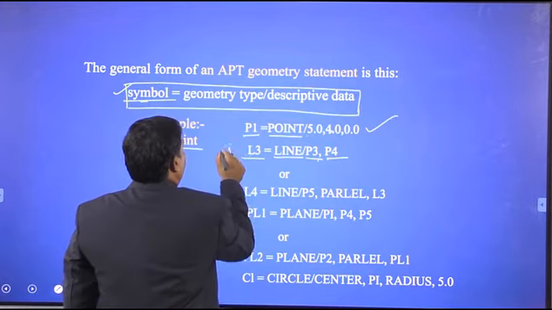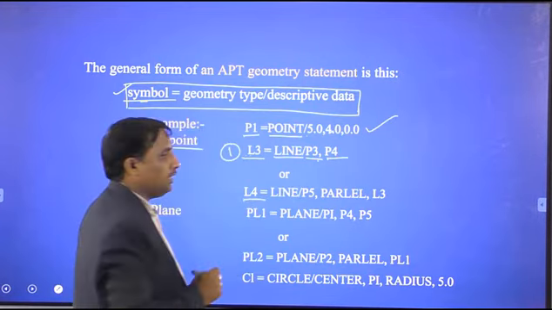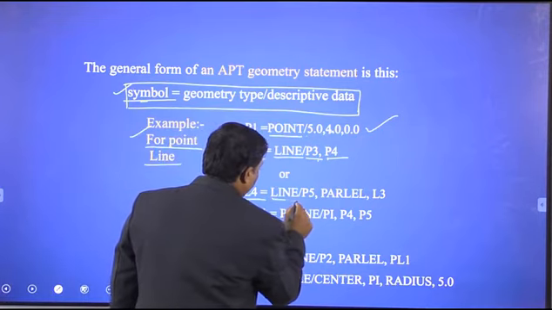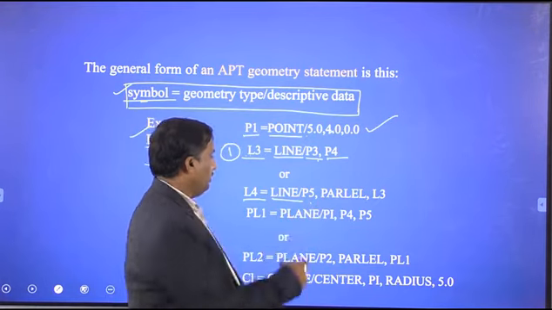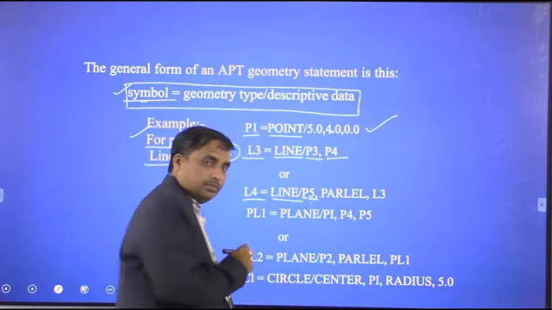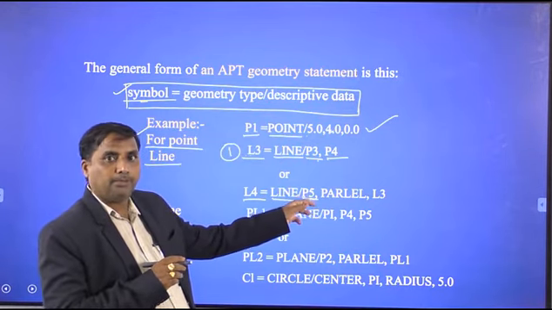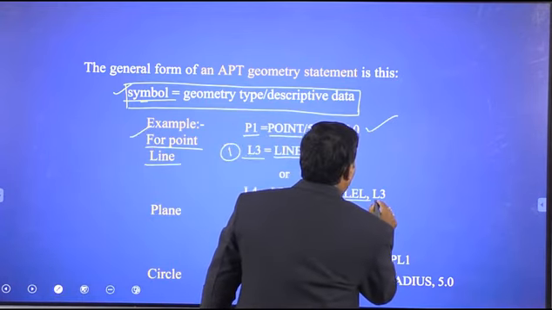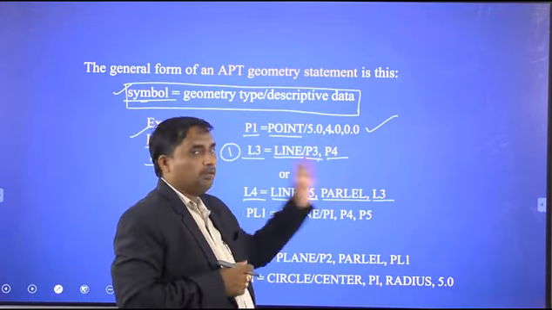Another way is L4. How will we define another line? L4 = LINE, geometry type is line, next P5, point 5, that means the line passing through P5 and parallel to L3: PARLEL, L3.